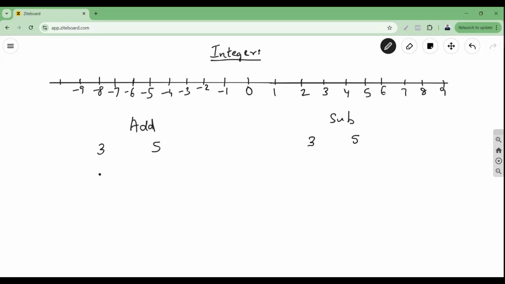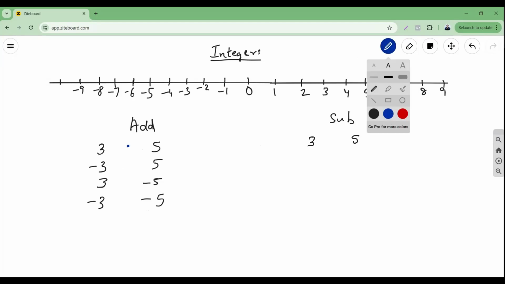Now, various different combinations. Here, both the numbers 3 and 5 are positive and positive. Okay. Let me take one of the numbers as negative. Then let me take the other number as negative and this is positive. So 3 is positive and 5 is a negative number. And let me take both the numbers as negative numbers. So here we are doing addition. So I'm going to do the addition of these numbers. Okay.